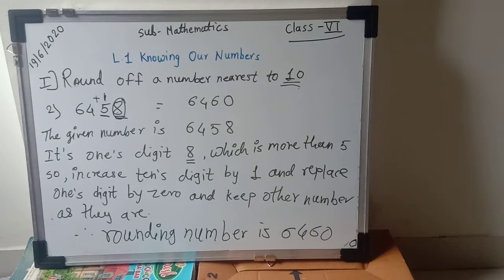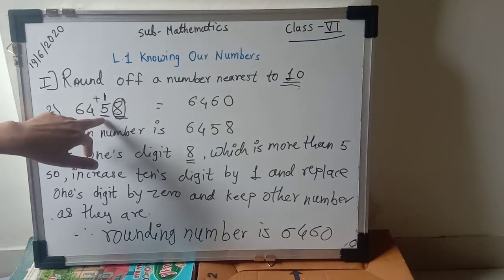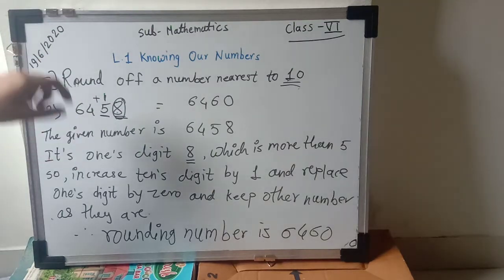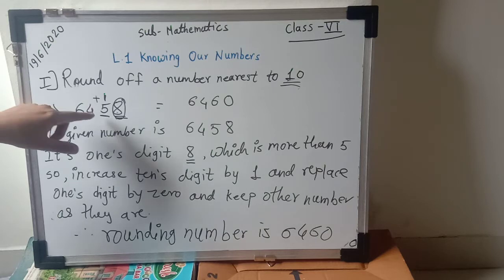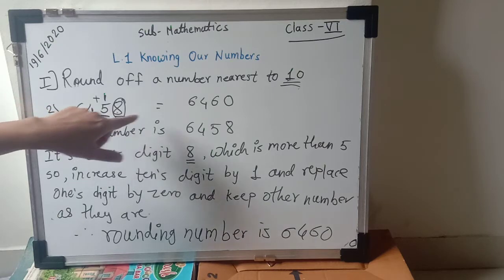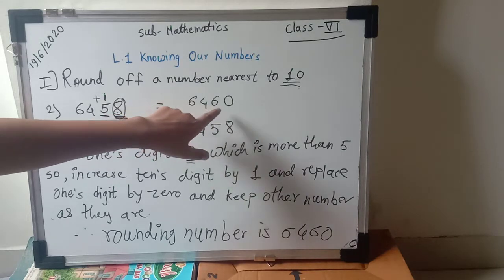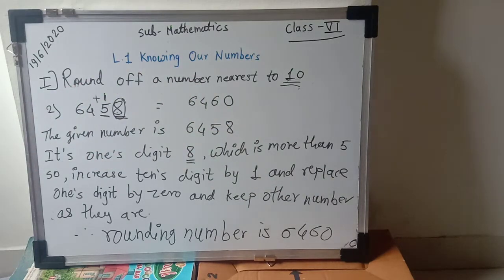In the first example, when the ones digit was less than 5, we replaced the ones digit by 0. But when the ones digit is more than 5, you have to add 1 to the tens digit and replace the ones digit by 0. So here our answer is 6460. Now let's see how to round the number to the nearest 100.